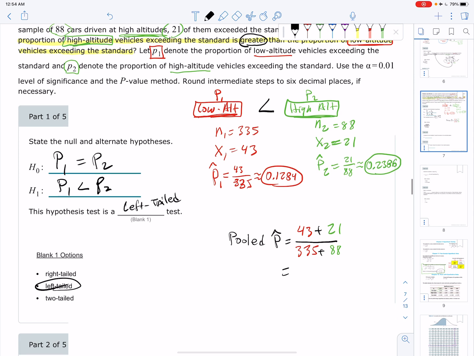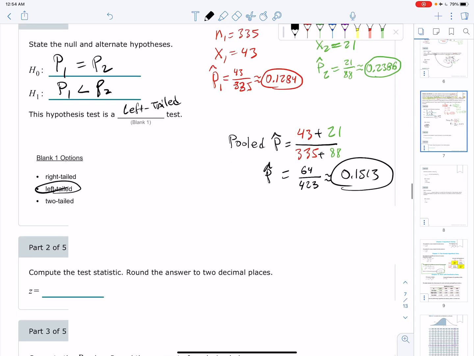When we do that, we get 64 over 423, which is approximately 0.1513. That's our p hat, and that's important for our test statistic.